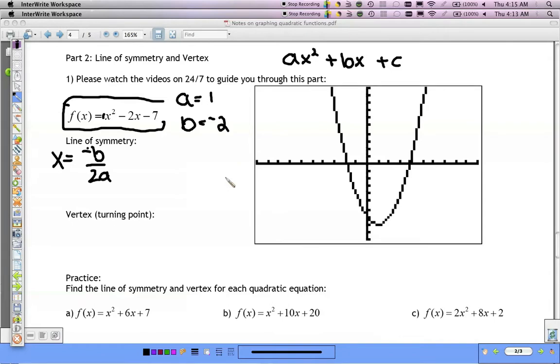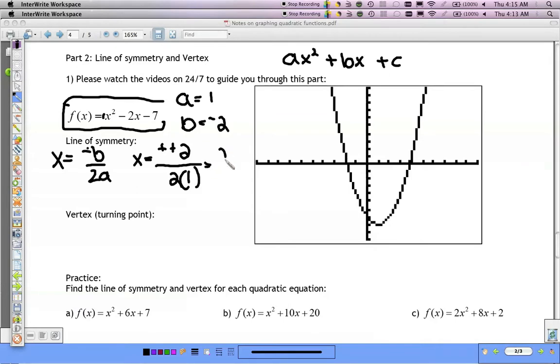So we're going to just plug our values for a and b into our line of symmetry formula. So we have x is equal to negative negative 2, which of course becomes positive, over 2 times a, which is 2.